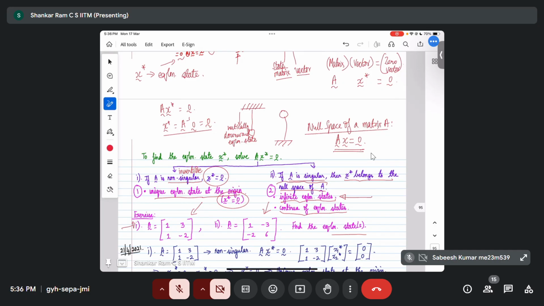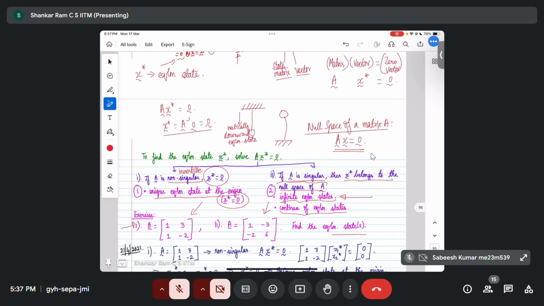So the second example, where we are talking about infinite equilibrium states, is more or less what happens in automotive dynamical systems. Not necessarily. So there are three things. We'll discuss this in detail next class, hopefully. We can have a unique equilibrium state.